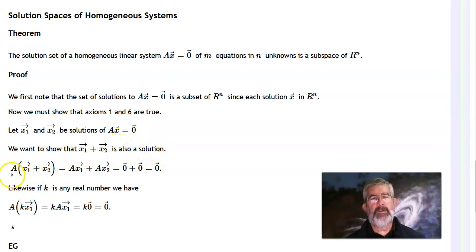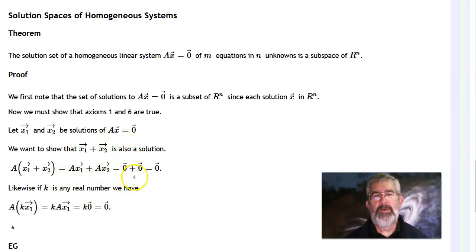Let's see what happens. If I take A times this, well, we know properties of matrix multiplication: matrix multiplication distributes over matrix addition. So the A gets multiplied by the first one, the A gets multiplied by the second one, and the results get added. But A times x1 is 0 because x1 is a solution to that equation.